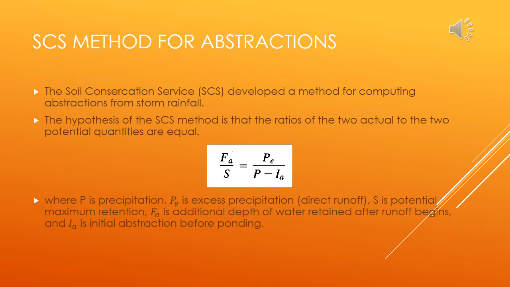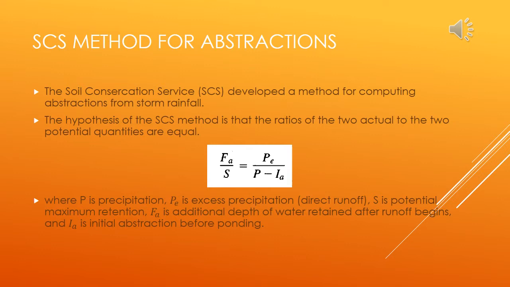The SCS method is named for the Soil Conservation Service. This Soil Conservation Service developed a method for computing abstractions from storm rainfall. The hypothesis of the SCS method is that the ratios of the two actual to the two potential quantities are equal.